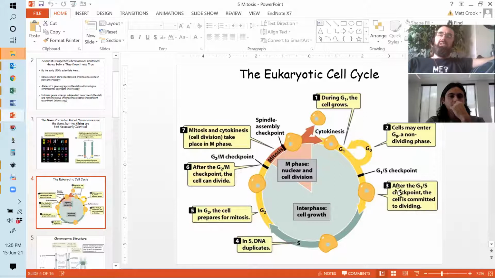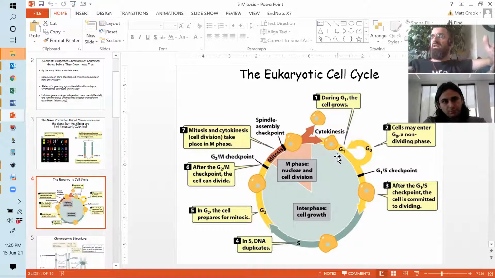And so typically speaking, once cells have gone through cell division, there'll be two possible outcomes. One, that cell will divide again, right? That was kind of what you think about in terms of us going through development, lots and lots and lots of cell division. Or two, that cell may be done and it will no longer divide or go into a non-dividing phase. So a good example of that would be neurons.